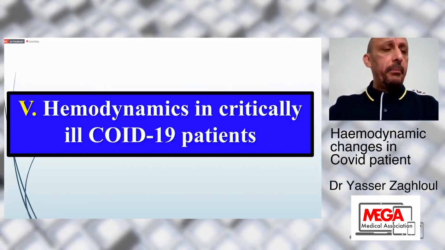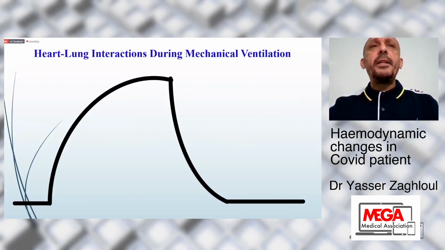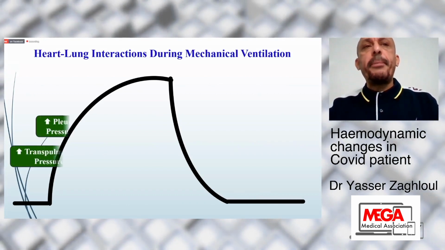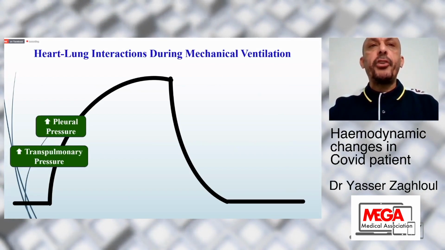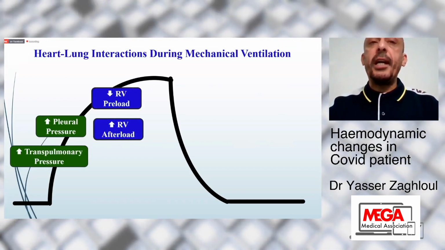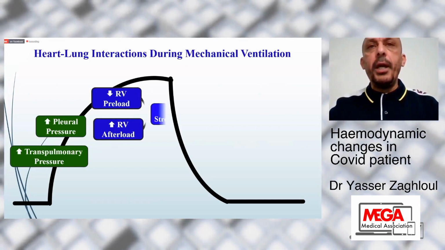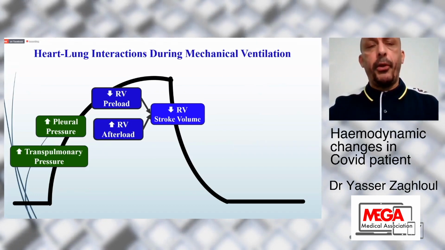The last point in my lecture is the hemodynamics in the critically ill patient. This is the normal heart-lung interaction. With inspiration and increased intrapleural pressure and transpulmonary pressure, we have a reduction in the right ventricular preload and an increase in the right ventricular afterload. This leads to a reduction of the right ventricular stroke volume.